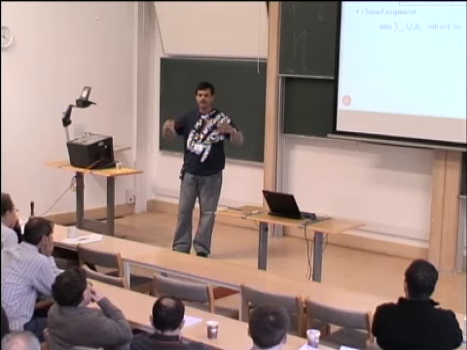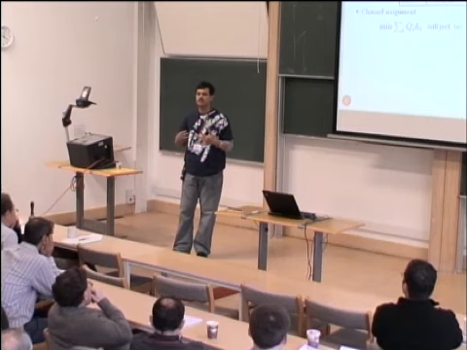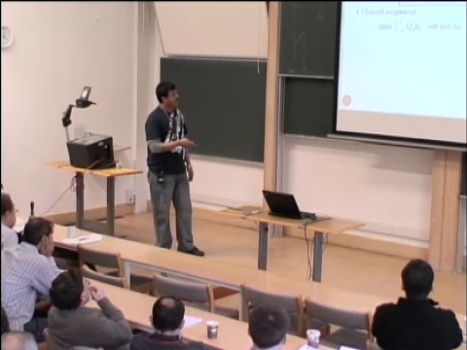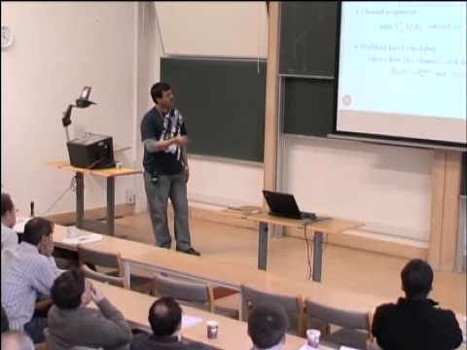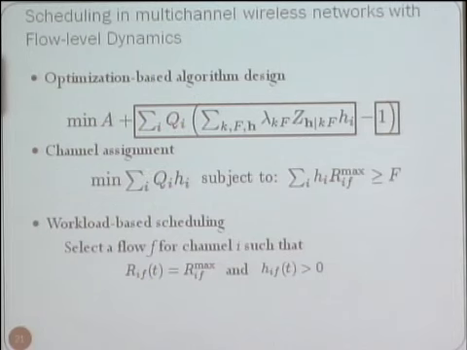So you look at the remaining number of time slots you're going to allocate to a particular flow on a particular channel, and you add them all up, and that is QI. So QI is the remaining workload on channel I, added up over all the flows in the network.